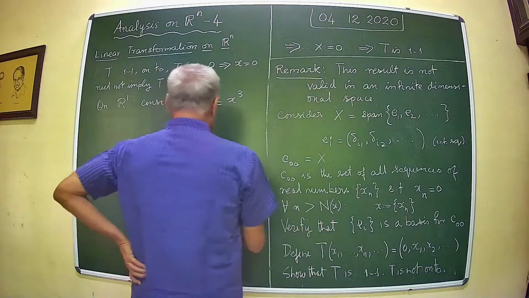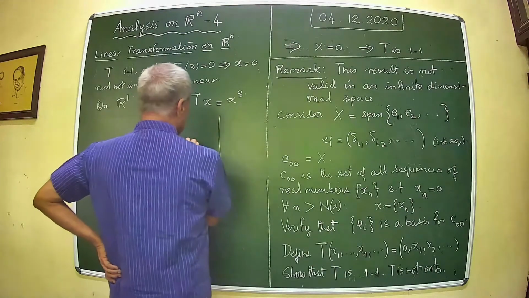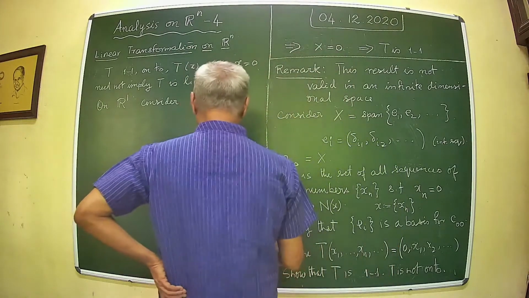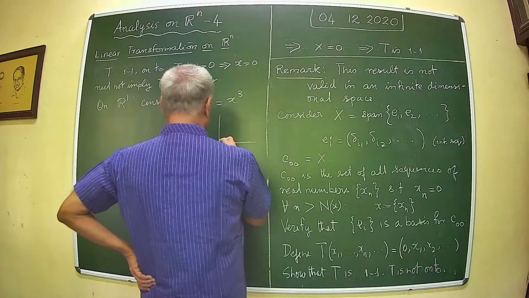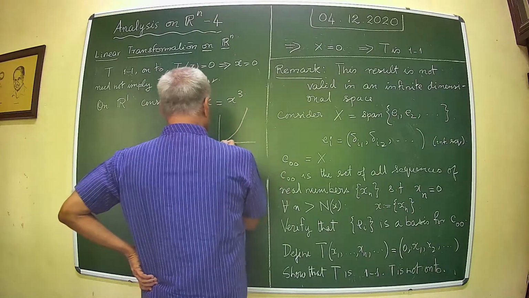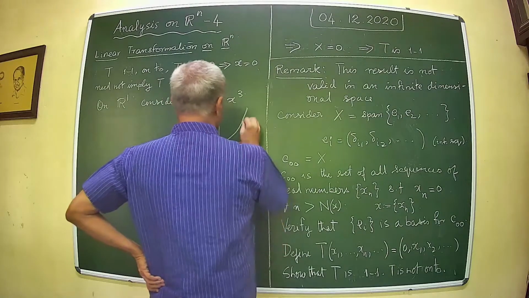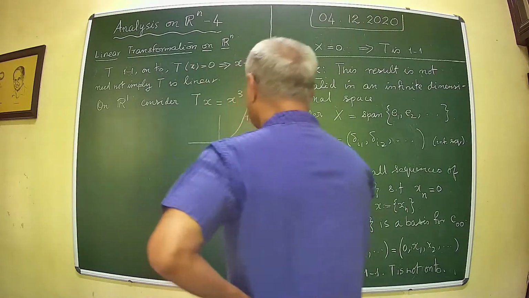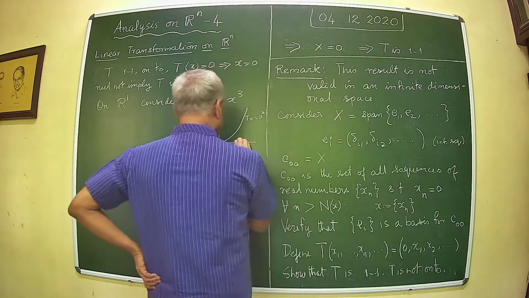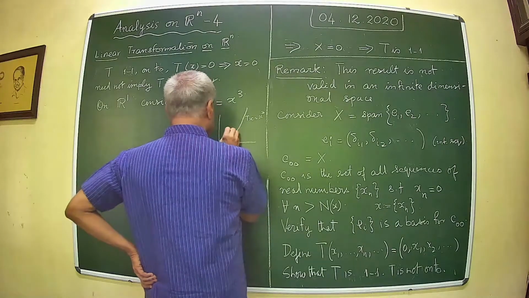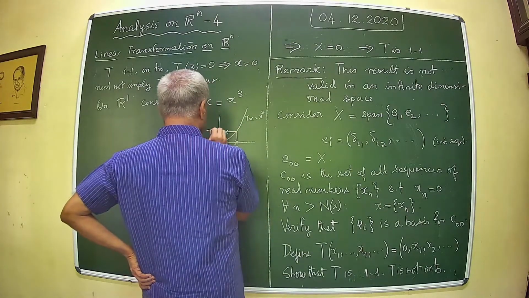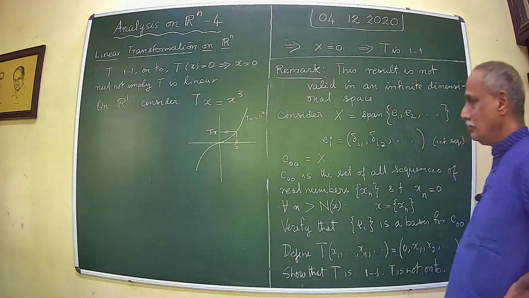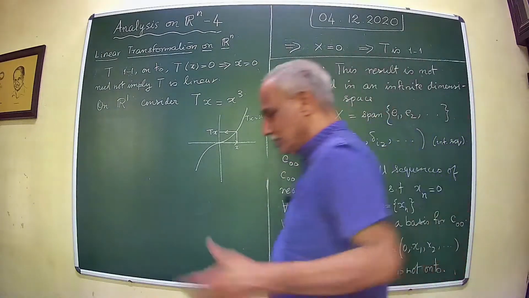Now, these are all important things. If you draw the graph of this, you are making a map from here to here. So you are taking an x here and mapping it. This is your Tx. Now clearly you see from the graph it is obvious.